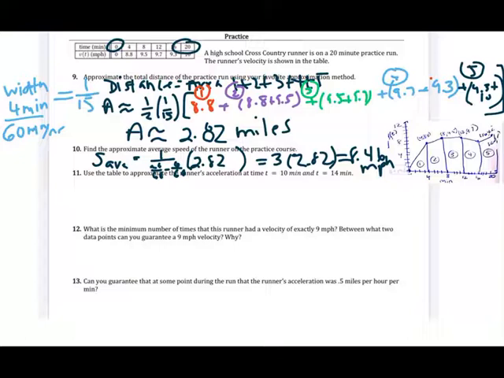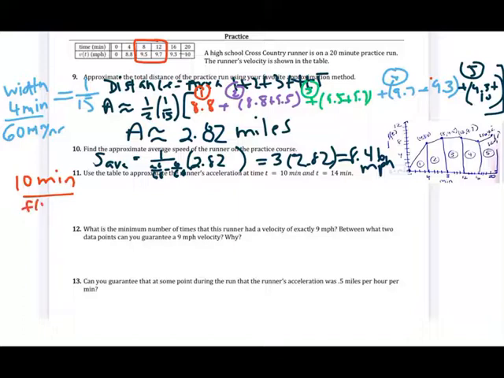Number 11 says, use the table to approximate the runner's acceleration at time t equals 10 and at time t equals 14. This is really an Algebra 1 question. It's asking you to approximate the slope given 2 points. Let's do 10 first. 10 falls in between 8 and 12, so the best we can do to approximate what's happening at 10 minutes is find the average of what's happening between 8 and 12.